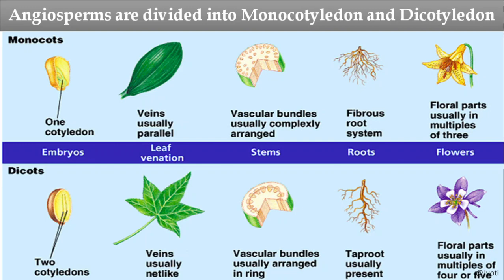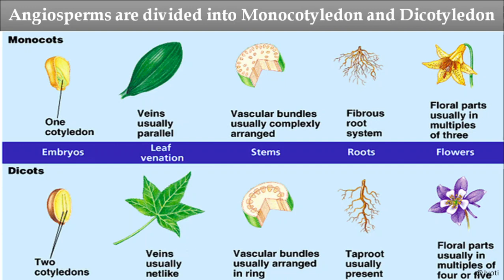If only one cotyledon, or one embryonic leaf, is present, then that plant is called a monocot or monocotyledon plant. Similarly, when the embryo is developing into a plantlet and has two embryonic leaves, that means two cotyledons are present, then that plant is called a dicotyledon or dicot plant.